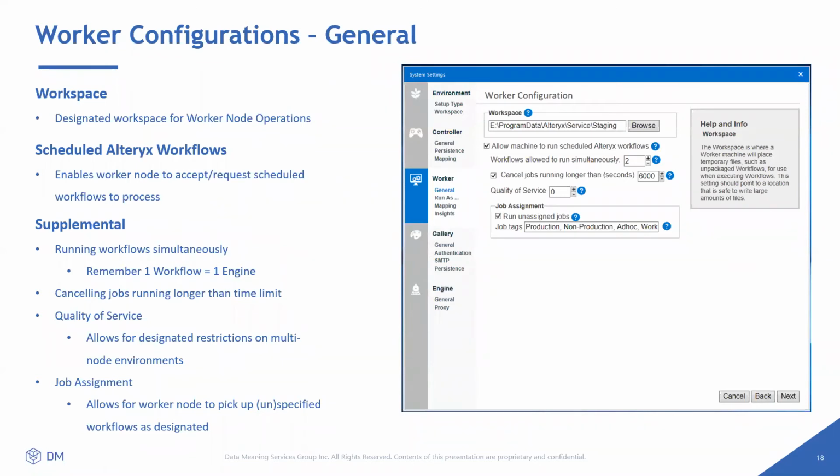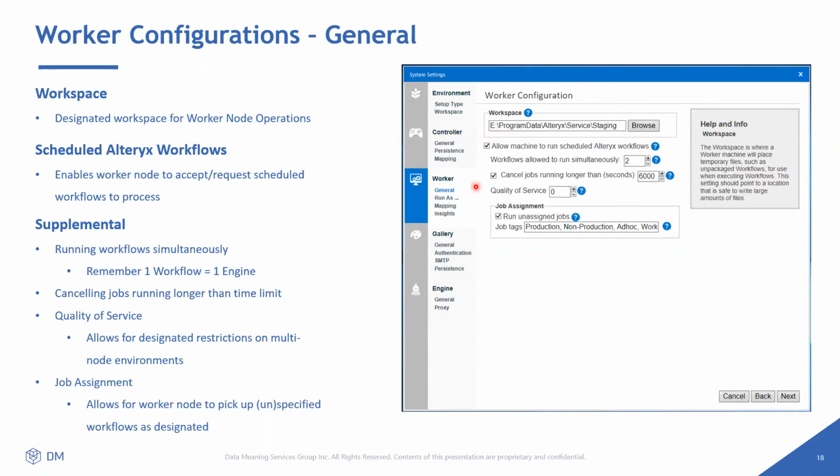The first thing right off the bat that I want to point out is, yes, just like everything else, you are designating a workspace for the operations of that particular workflow. So when that worker node grabs a workflow and says, hey, I'm going to start running this, it is going to begin within that workspace area.